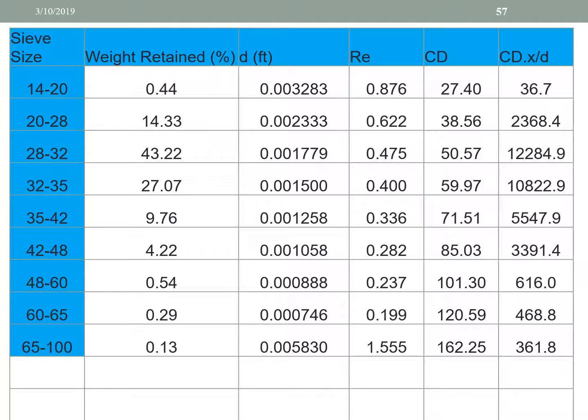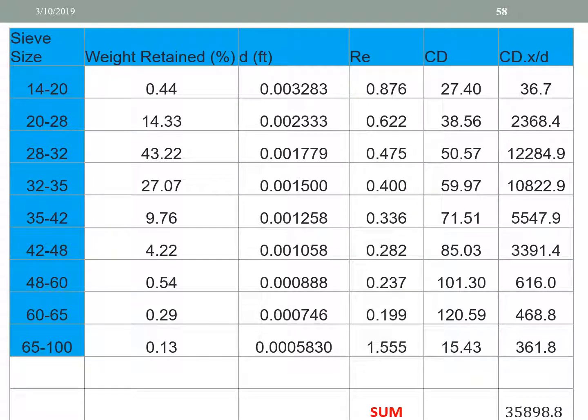If this number is less than 1, check, maybe there's a typo here. Intentionally I put it here for you to find this number. So check the last row, see whether the Reynolds number is this number or not. If that's less than 1, you have to change the last row. Intentionally, I put these numbers. Check the last row.